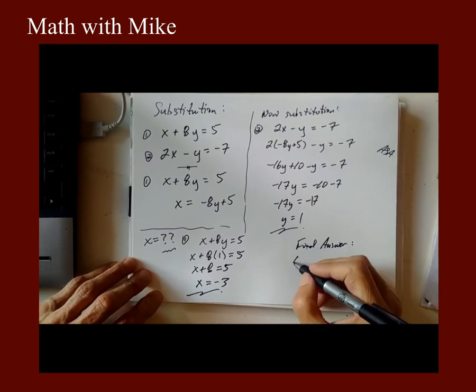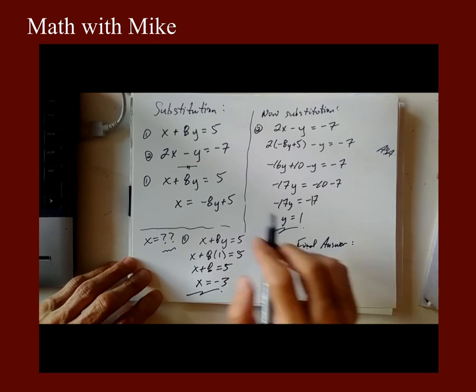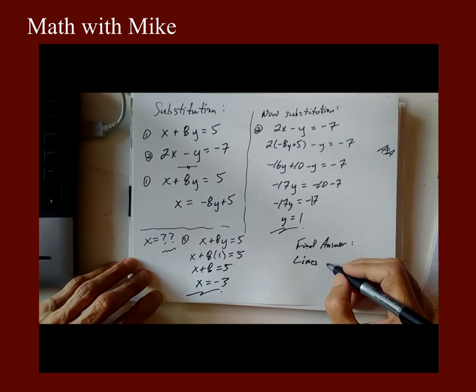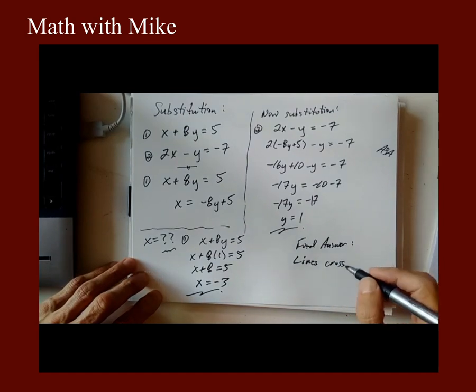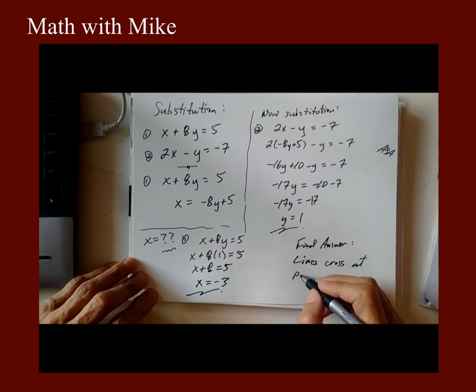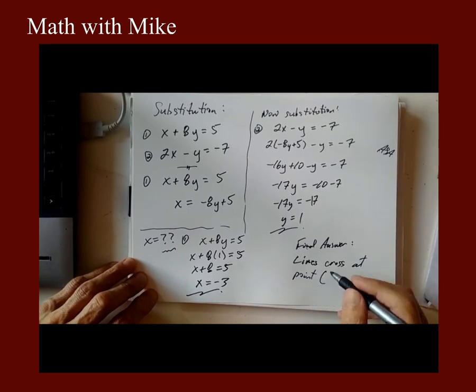The lines cross. Because remember, these are lines that we had in the very beginning. General form, mind you, but it's okay. Just one style of writing them. Lines cross at the point, at the location, minus 3 and 1.